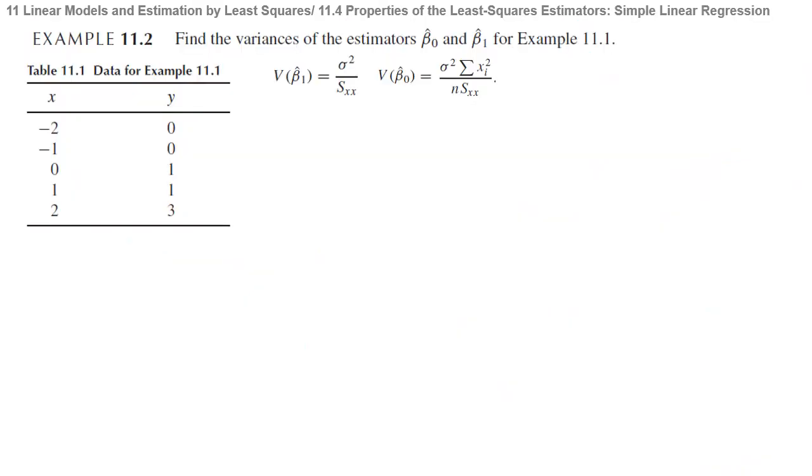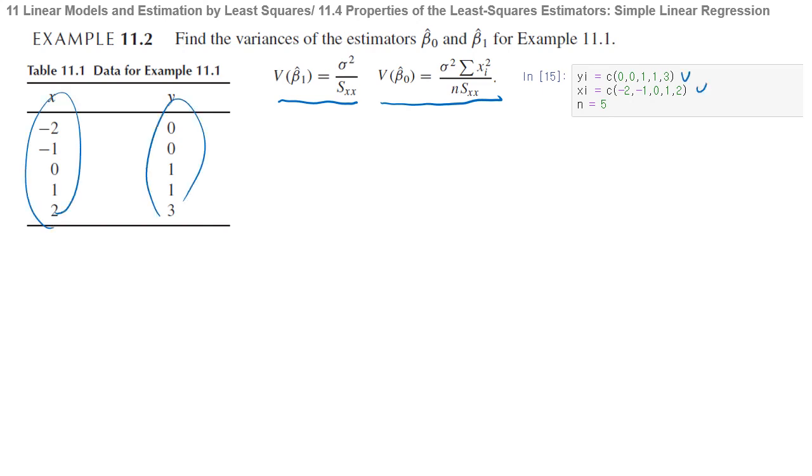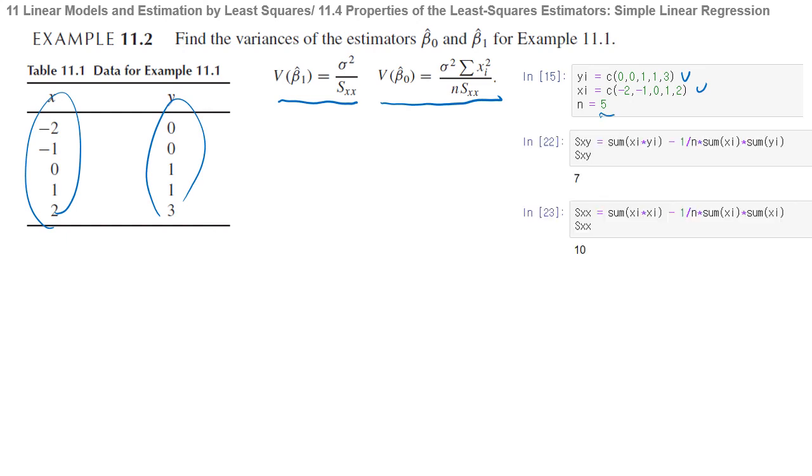Now let's move on to example 11.2. Find the variances of the estimators beta 0 hat and beta 1 hat for example 11.1. Previously we derived the variance of beta 1 hat and the variance of beta 0 hat, so you can use this formula. First you put in values for xi and yi, n is 5, and next you can calculate Sxx and Sxy.